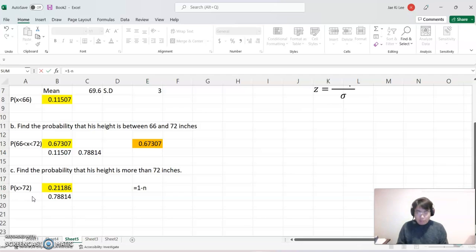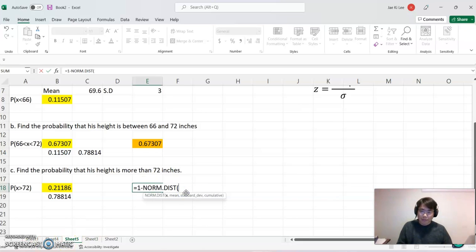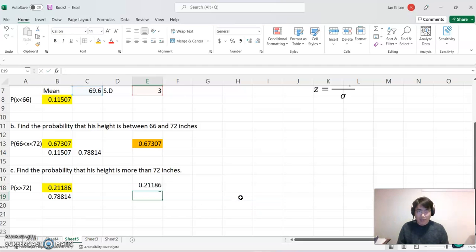Then norm distribution, and just type the x value 72, comma, the mean, comma, the standard deviation, comma, the cumulative true, and then close and enter. See, we got the exact same answer. I also highlight this for you so you can see better.